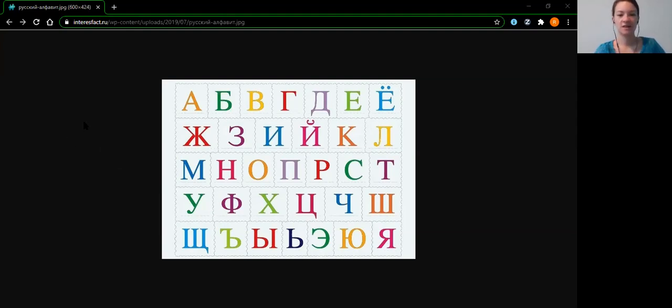So, yesterday I talked about letters A, B. We pronounce it with two lips, B. And V. We pronounce it with lip and teeth, V. Also, I talked about G, G. And I stopped at letter D, D. Okay, so today I would like to continue and start from this letter.